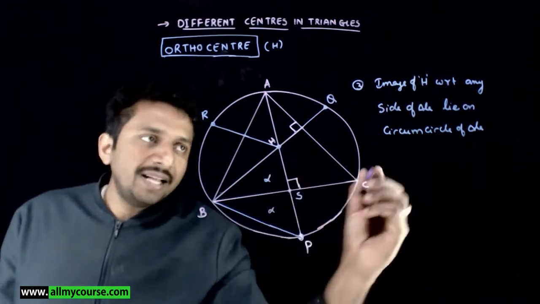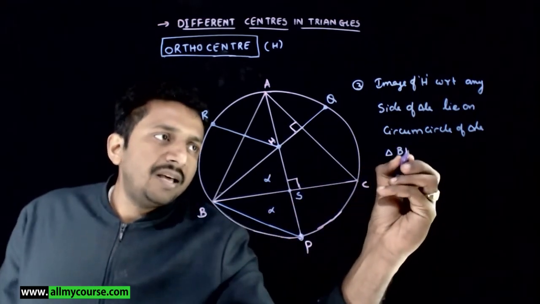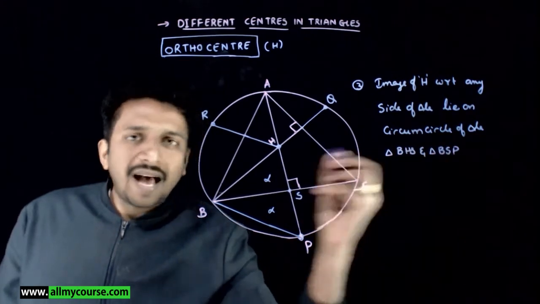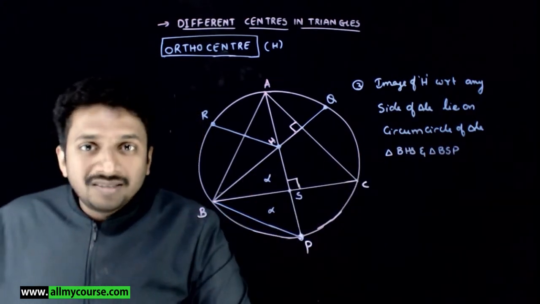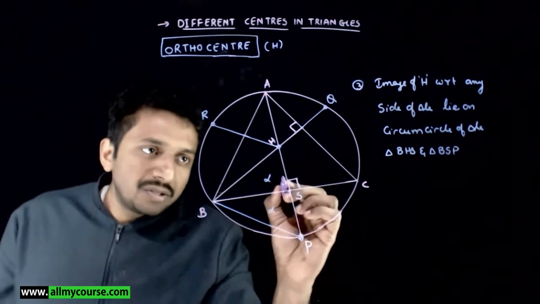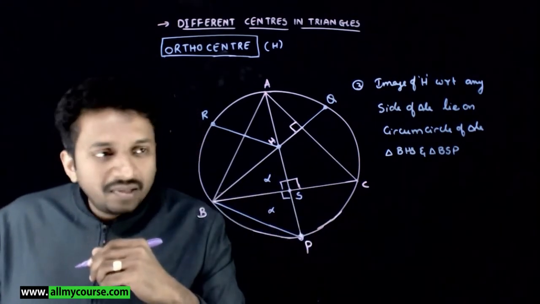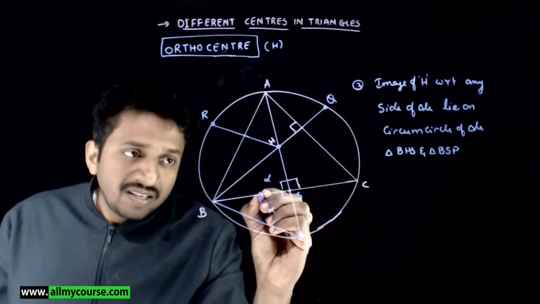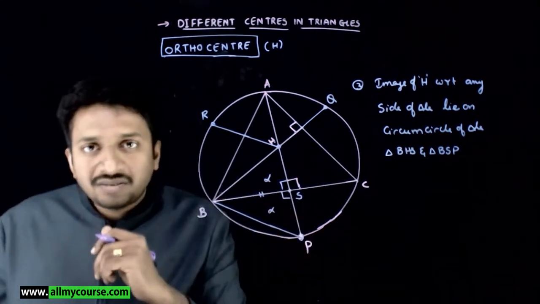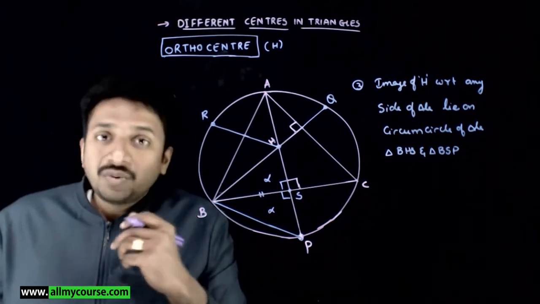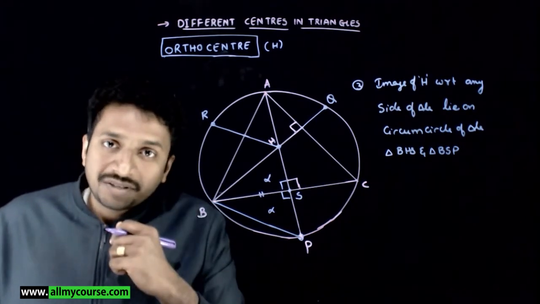In these two triangles, triangle BHS and triangle BSP, are there any things which are the same? This angle is 90, this angle is 90, both are 90s. And this side is common in both. Next, are there any other things which are the same in both these figures?